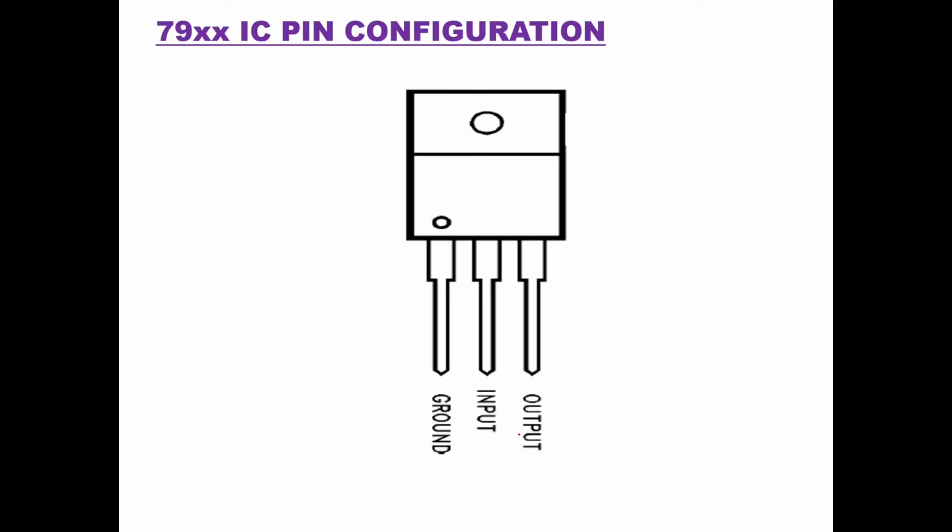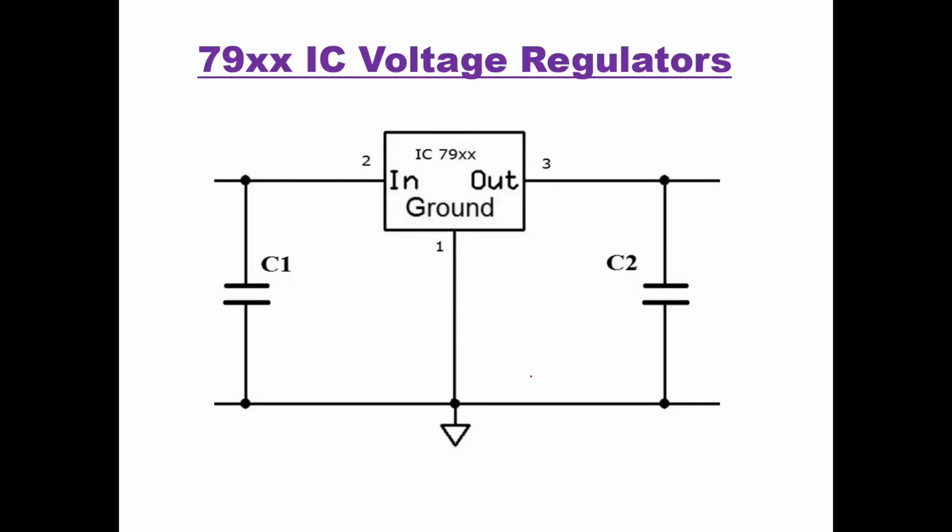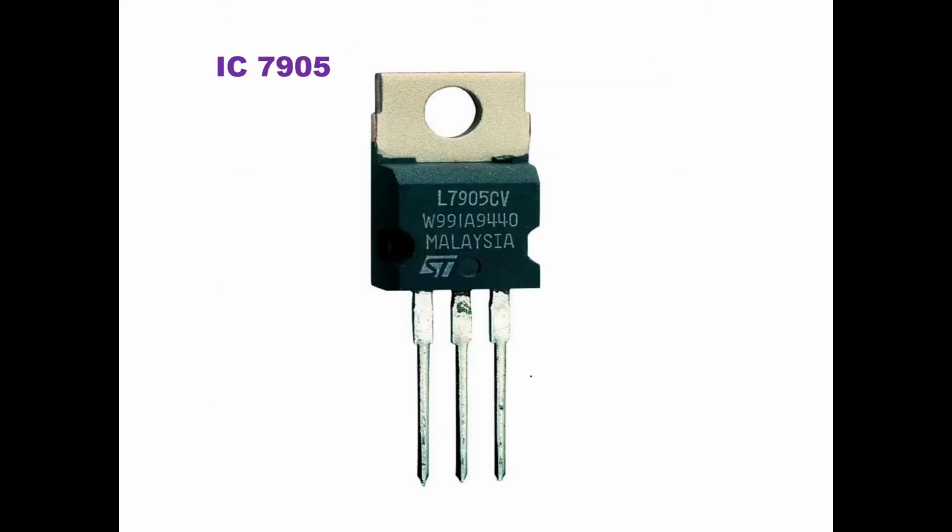Similarly, if you see the pin configuration of the 79 series, the first pin is the ground, the second pin is the input, and the third pin is the output. Practically, if you see the 7905 IC, this is how the IC is available in the market.